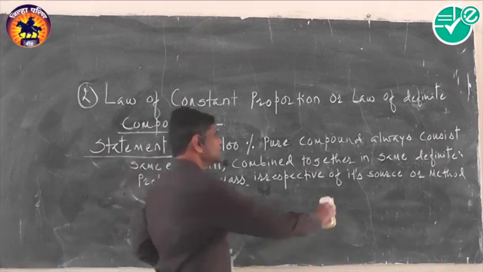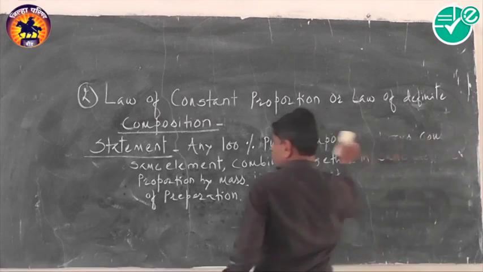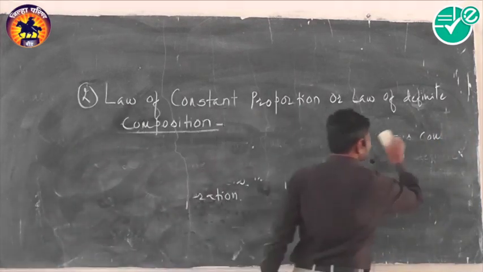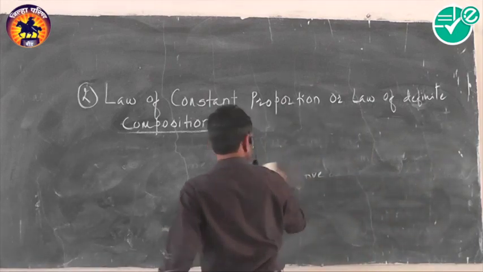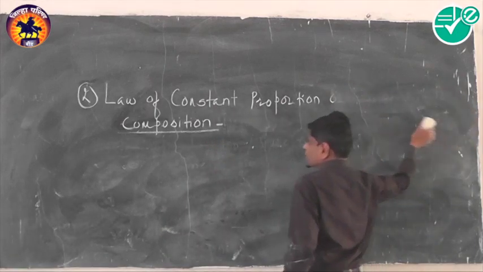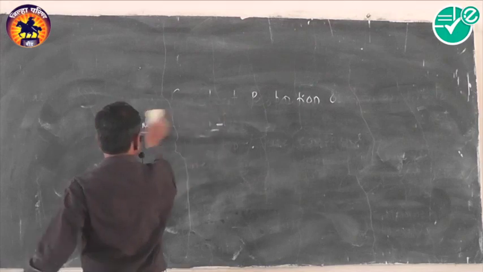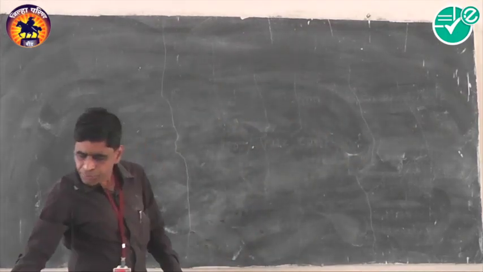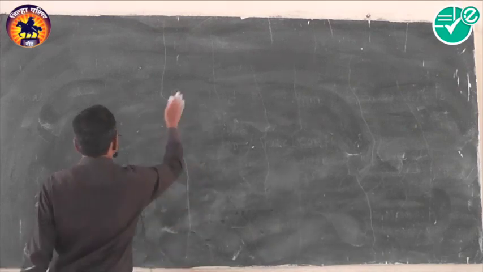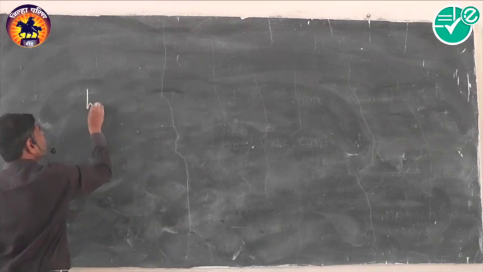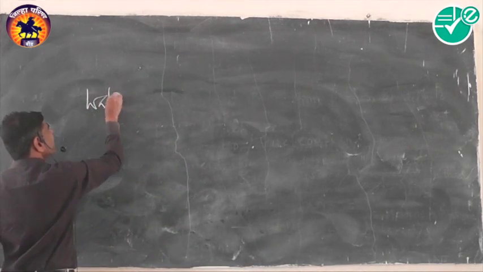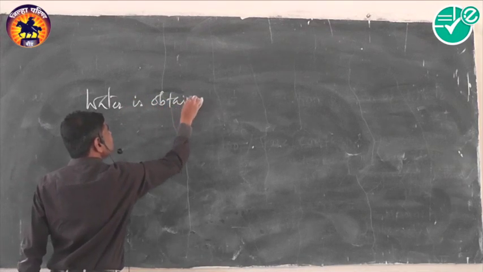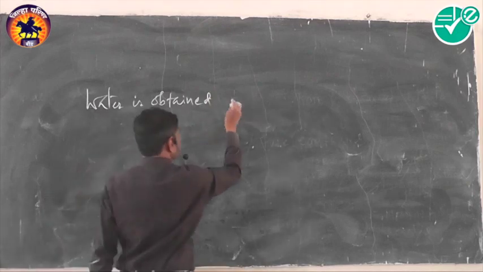Now let us consider some examples. You know that water is obtained from different sources.